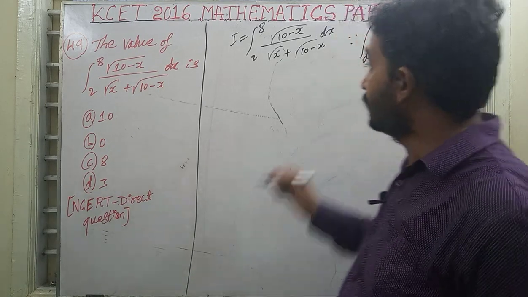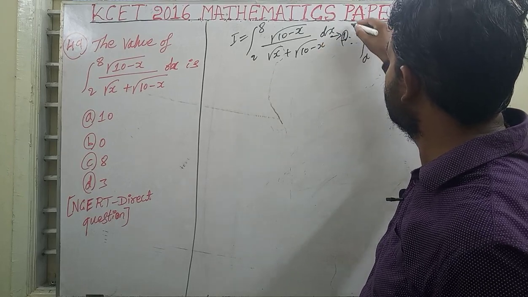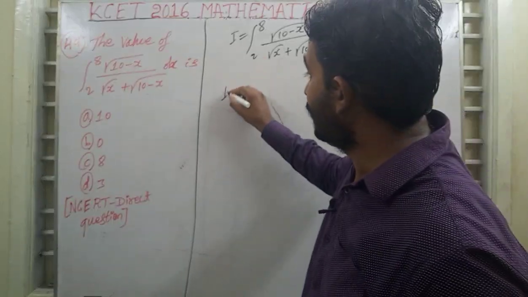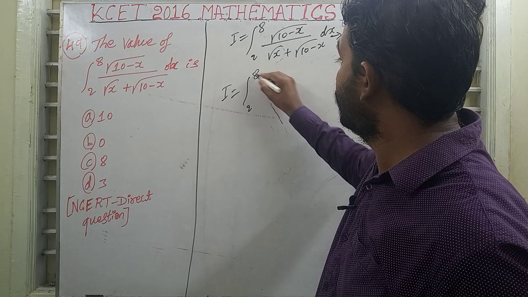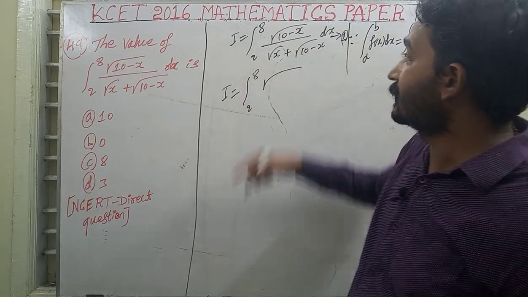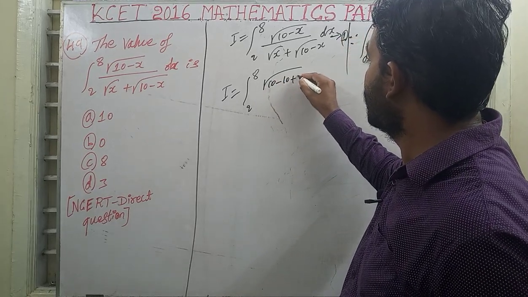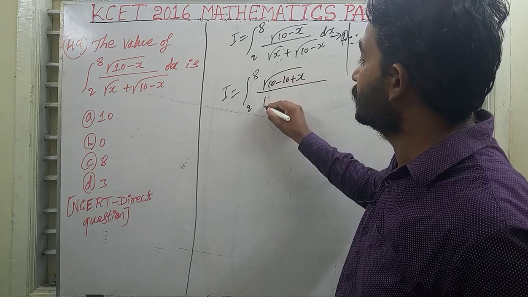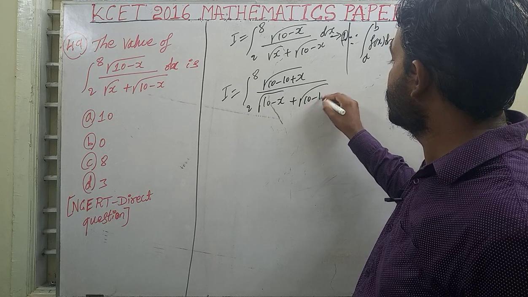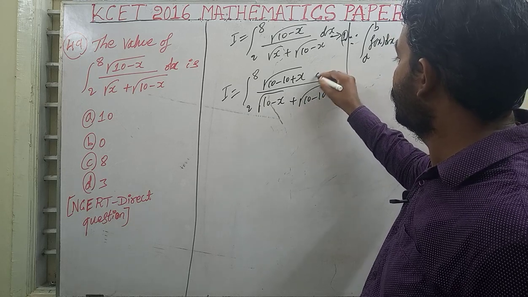Okay, so let us take first this question. This is equation 1. Using this formula, this can be written as integral 2 to 8 square root of 10 minus of 2 plus 8 minus x, nothing but 10 minus 10 plus x, divided by, here in this case, 10 minus x plus 10 minus 10 plus x with respect to x.